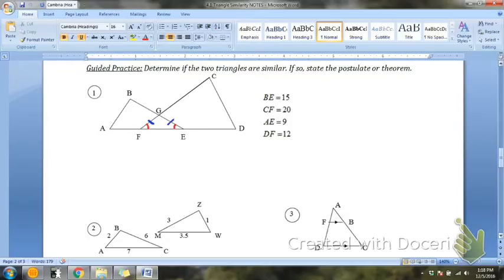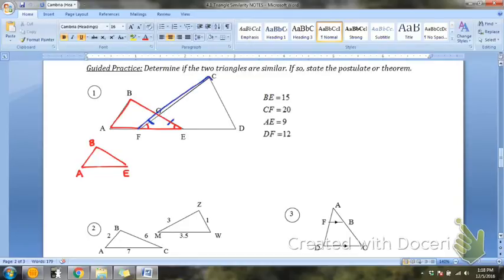So we're going to draw the triangles, this one, okay? So we're going to draw triangle ABF, ABE, not ABF.